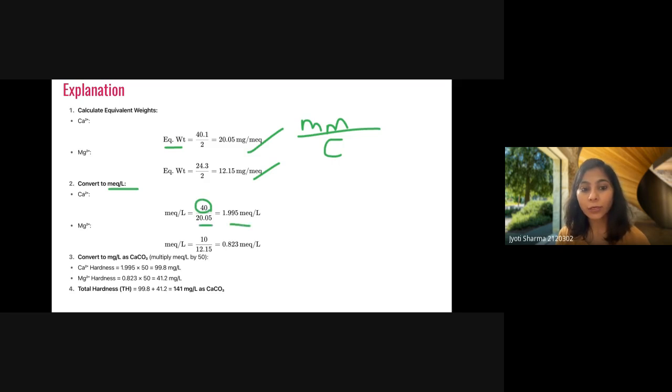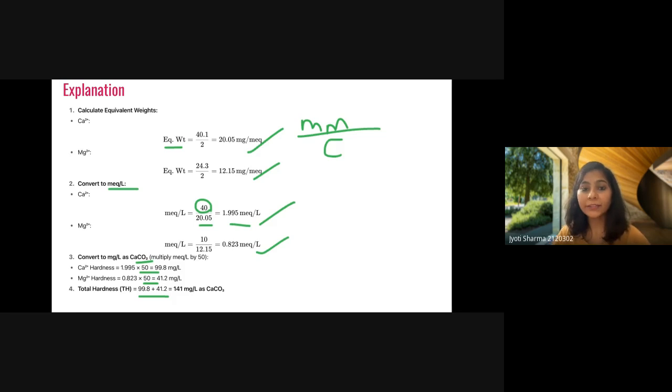This will give you milli equivalent per liter for calcium, and this is for magnesium. Then we have to multiply it with 50, because this will be as CaCO3, and then we have the addition of these two. This is how we can calculate the total hardness due to calcium and magnesium.